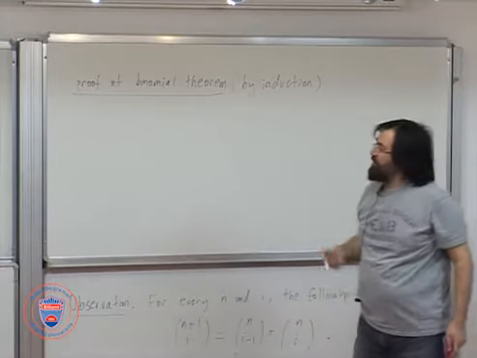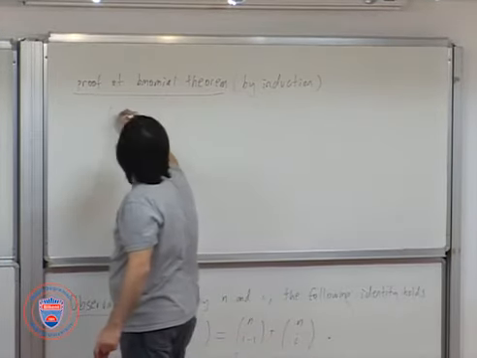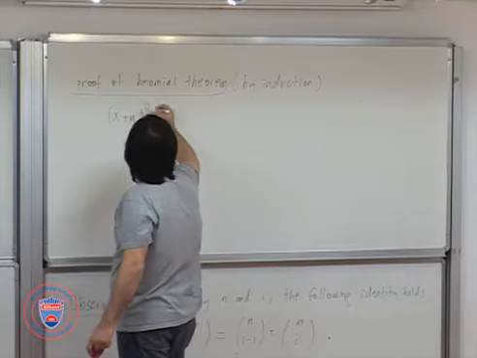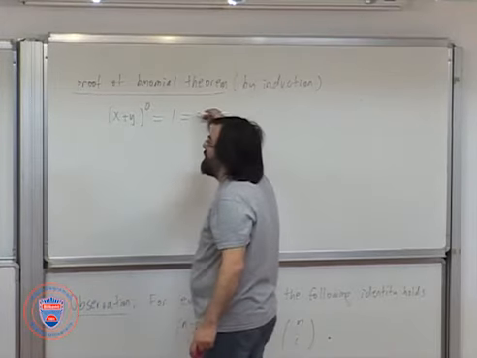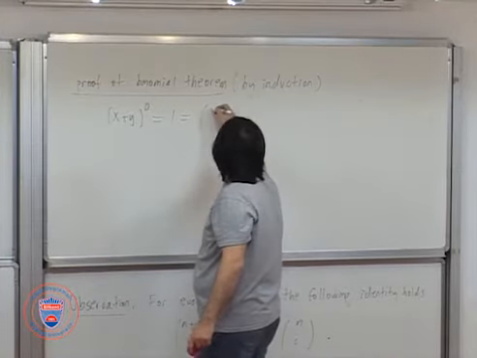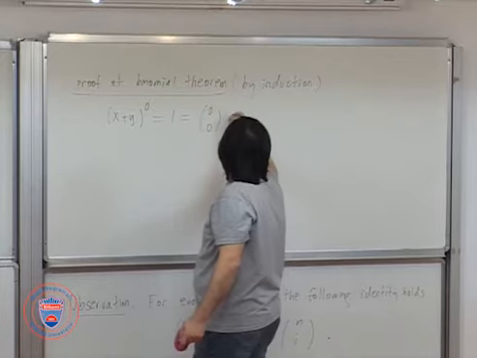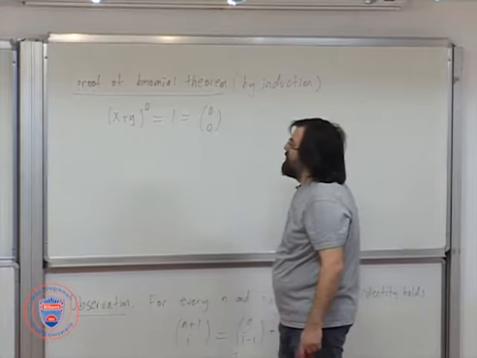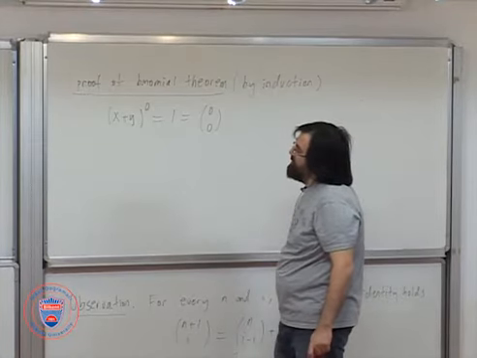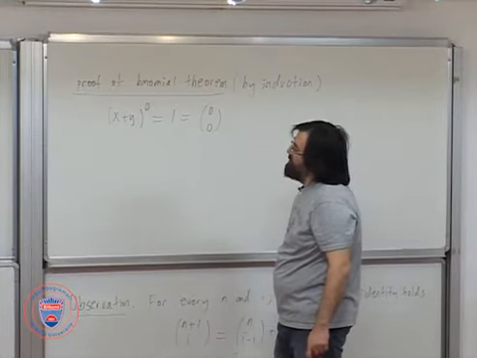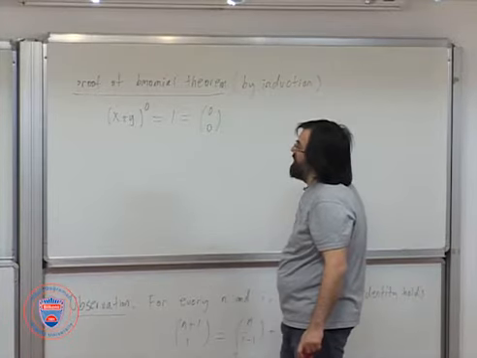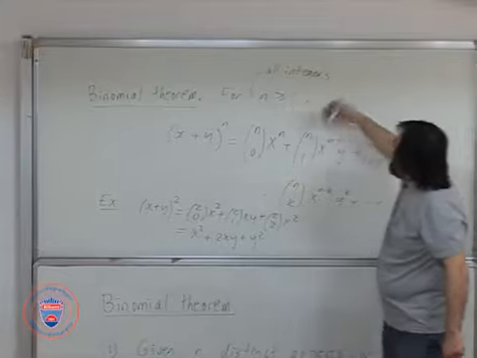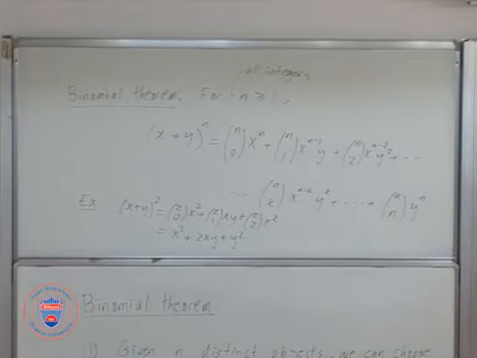Because n equals 0 is obvious, I mean, x plus y to the power 0 is just 1. Any power of 0 is 1, and 0 choose 0 is declared to be that. So actually, everything looks funny at n equals 0. For 0, it's almost not a reasonable statement.